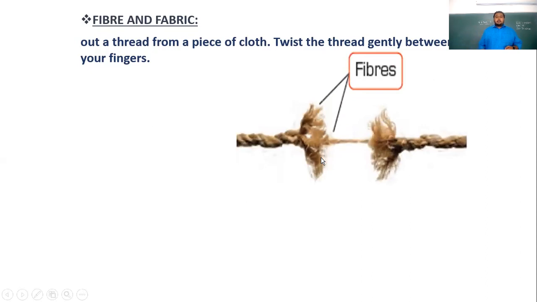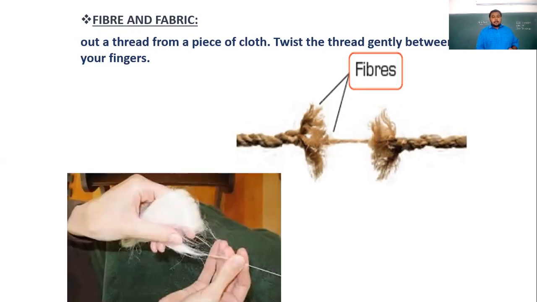What is there in that thread? The string-like, soft structure is called fiber. It is made up of different kinds of fibers like cotton and silk.